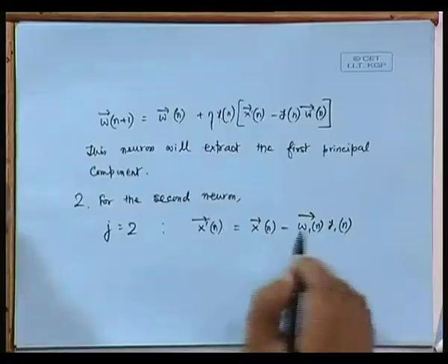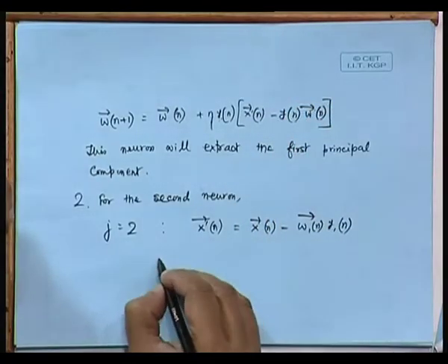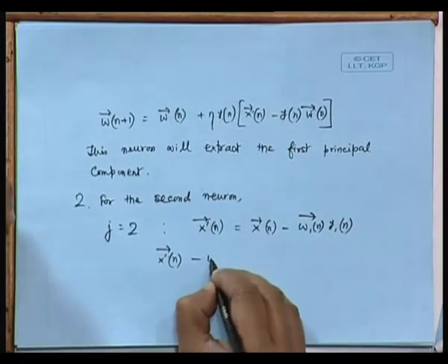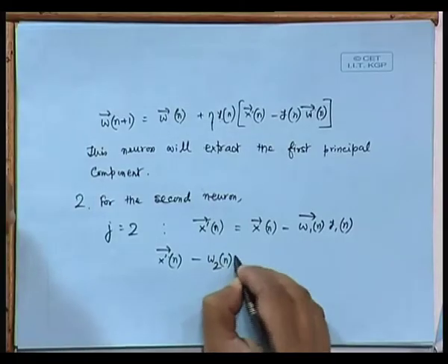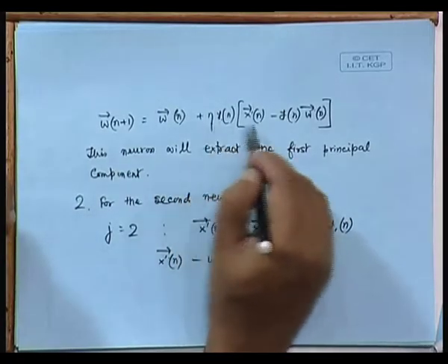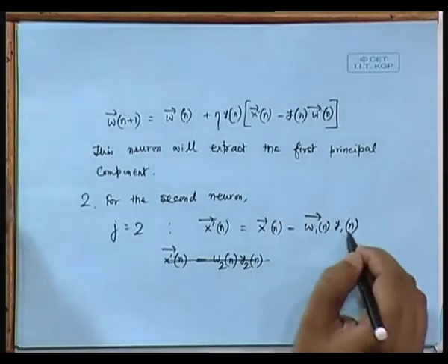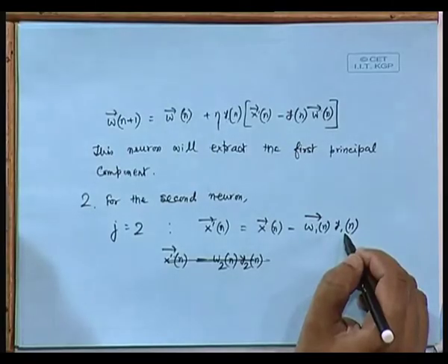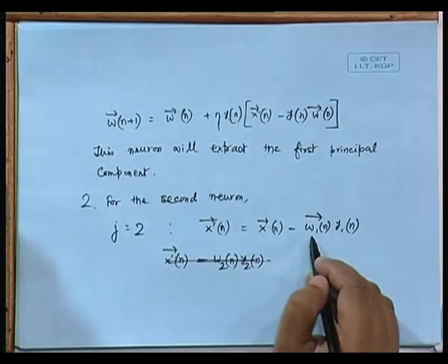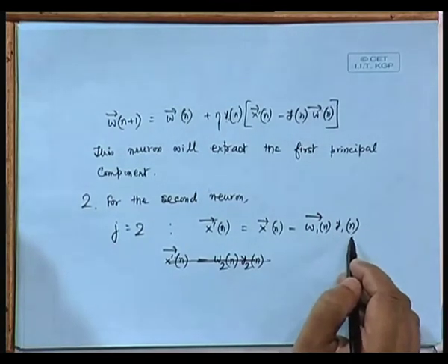From here we just have to subtract this term. So, if we consider x prime n minus w2n y2n, then that is the same thing as this term. Here the new x prime n is becoming x of n minus w1n y1n.